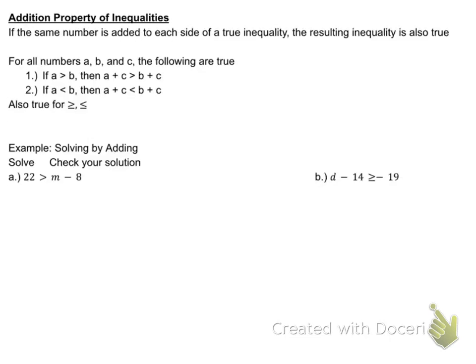The first up is the addition property of inequalities. If the same number is added to each side of a true inequality, so that means it has to be true in the first place, the resulting inequality is also true.